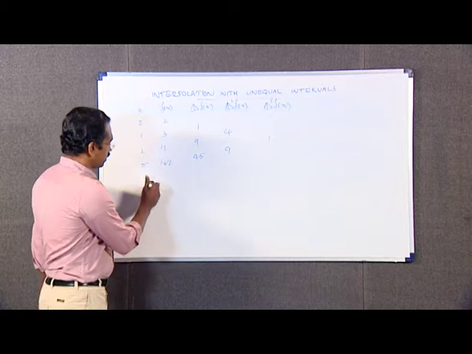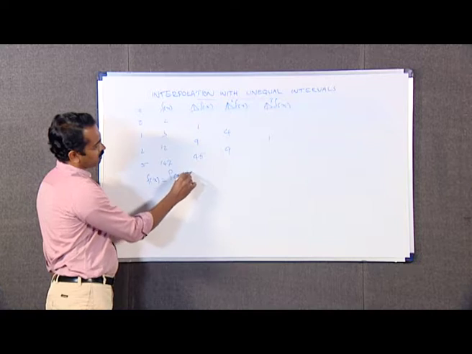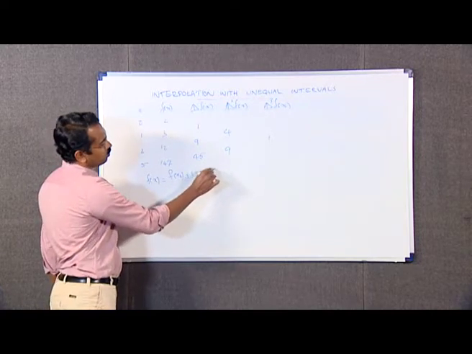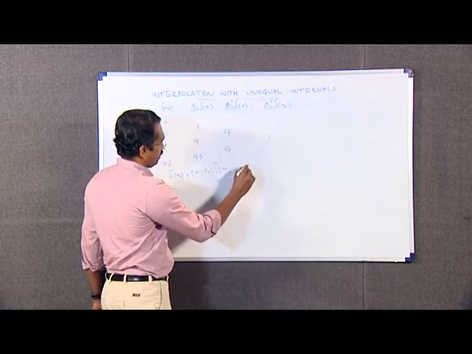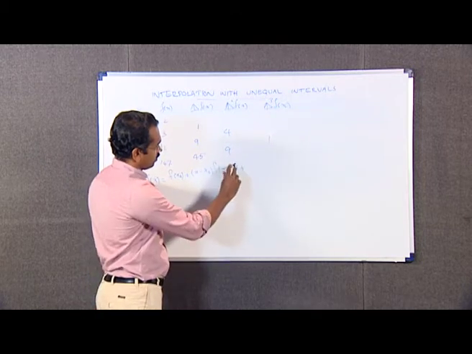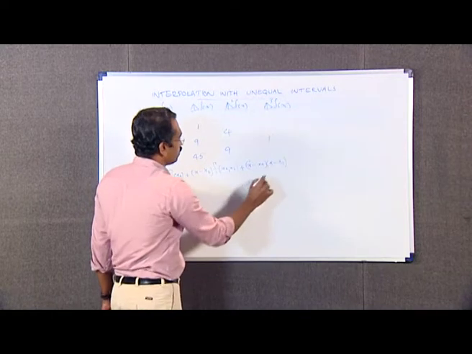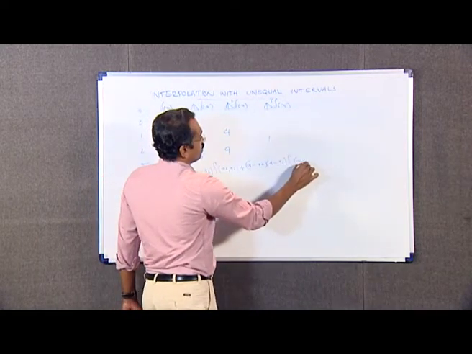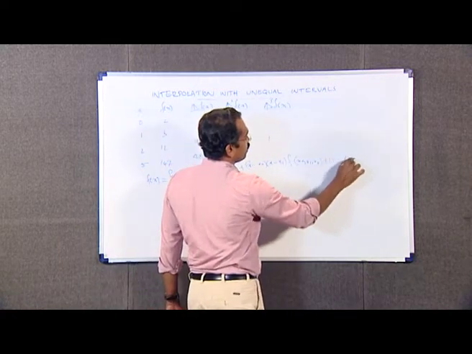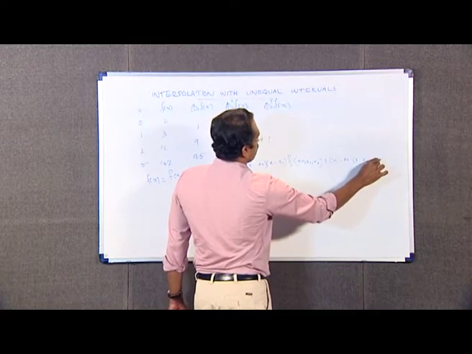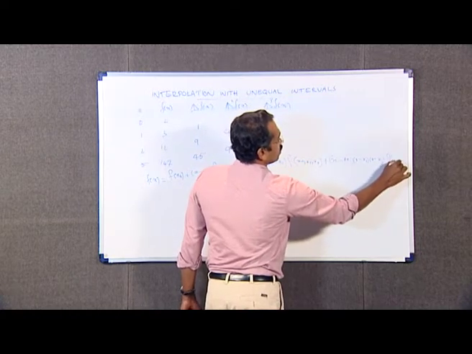And by Newton's divided difference formula, we have f of x is equal to f of x naught plus x minus x naught into f of x naught x one, plus x minus x naught into x minus x one into f of x naught x one x two, plus x minus x naught into x minus x one into x minus x two into f of x naught x one x two and x three.